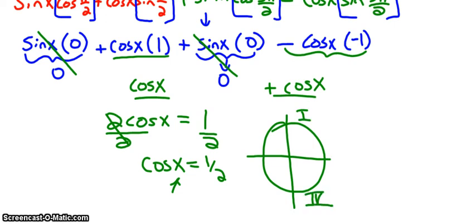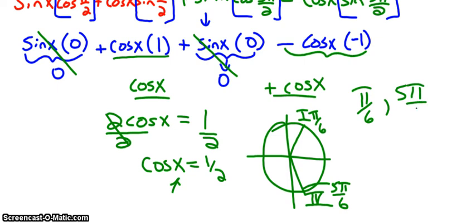The value of 1/2 will be a 60 degree angle here and here, or in radians that would be pi over 3, and for this one we would have 5 pi over 3. So my two values are pi over 3 and 5 pi over 3 for x.